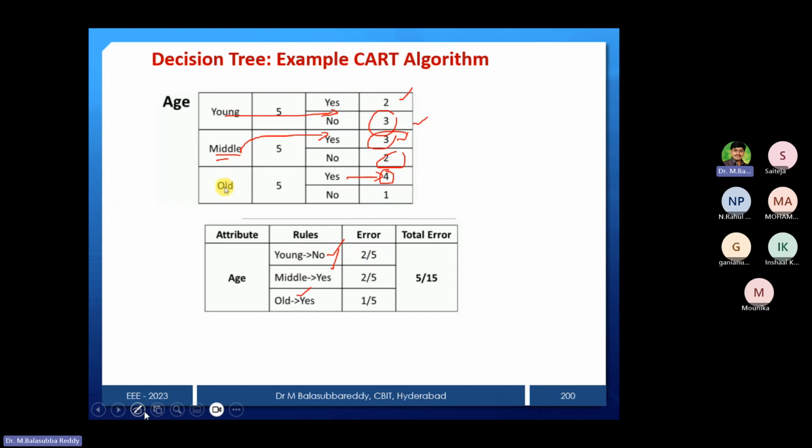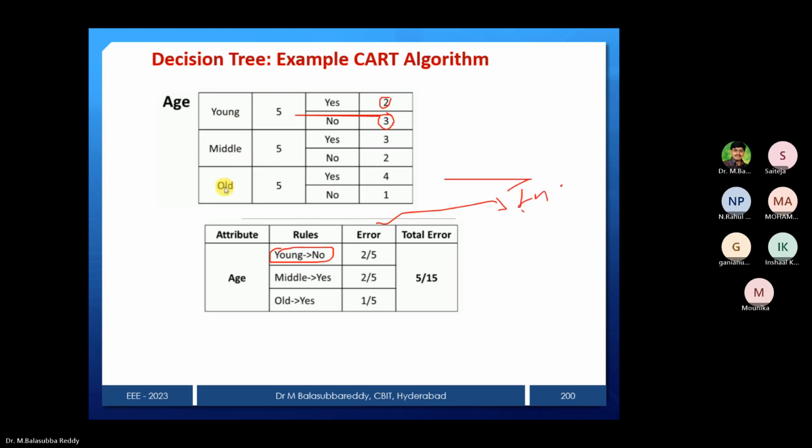And now how to calculate the error? Once you know this point, the error is, if the rule is known, young is no. Young is no means this many classified correctly. Incorrect is 2. So the formula of error is incorrect divided by total. Incorrect how many? 2.